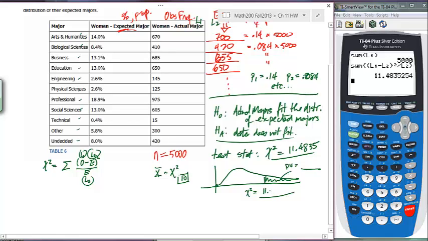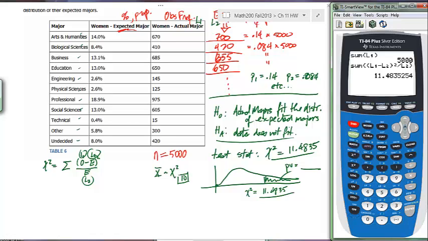So given our distribution and our value of 11.4835, what is our p-value going to be? So with our calculator, we go under distributions, second function, distributions. The chi-squared PDF is down here, but we want the CDF, so that's number 8 in my calculator.